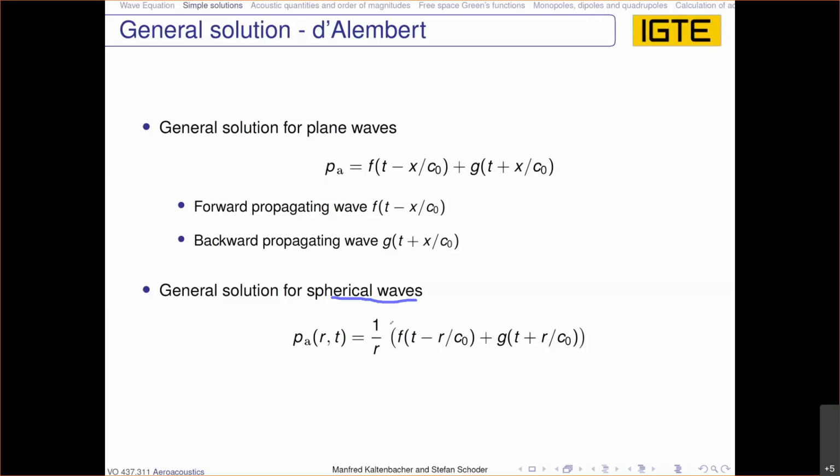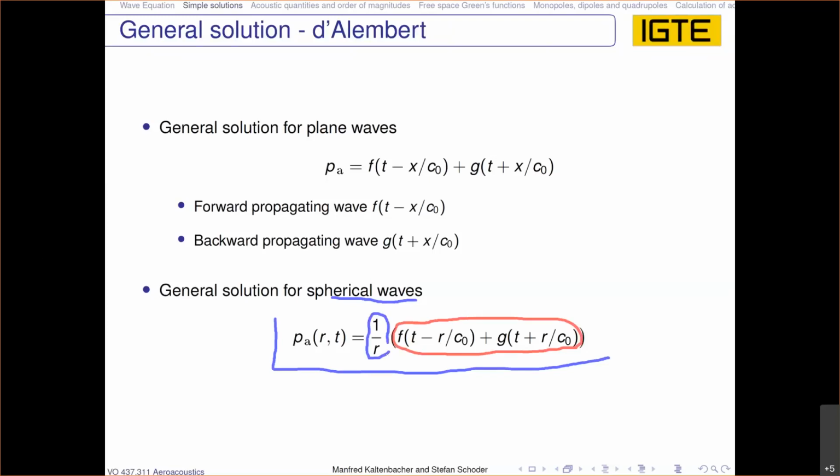Yeah, and here we have a big difference. What you see here, you again have almost the same part, which is this part here, but the big difference is you have a scaling factor in front, and the scaling factor is 1 over distance.